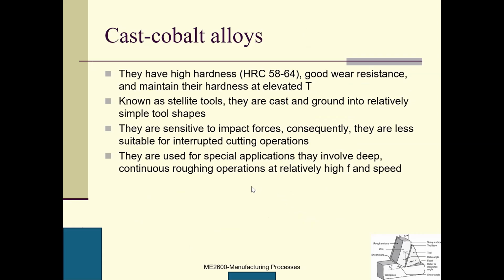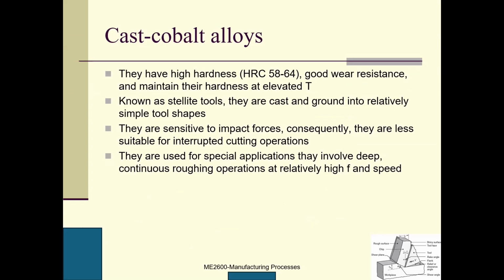The next one is the new material. I'm talking about it in time order. So the cast cobalt alloys have high hardness, HRC. This is what I just told you: in the previous diagram we saw HRA, and here it is HRC.